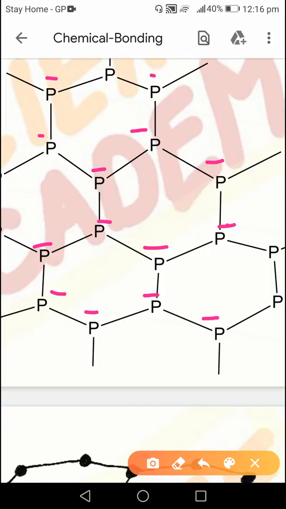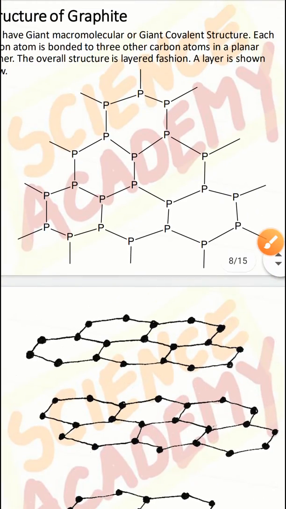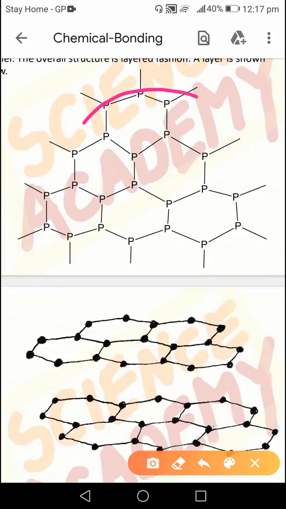On each and every atom there is a non-bonded electron which becomes free, so that it can conduct electricity. So this is a single layer of graphite.